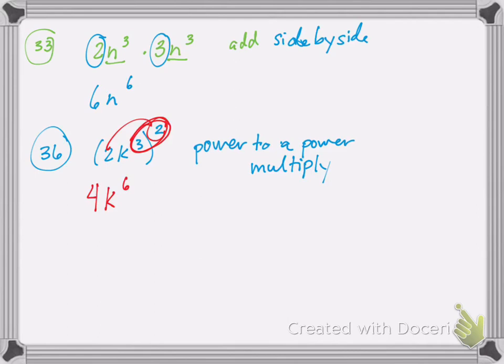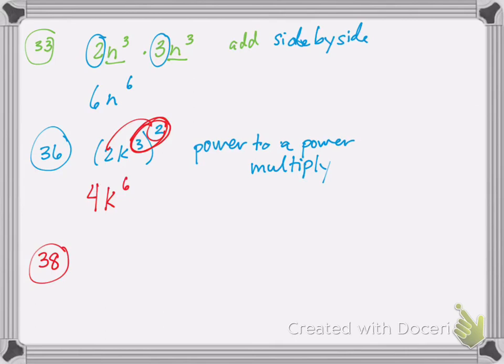And then lastly, we can look at 38. So what about when you have a rational, or you have a fraction? It's called a rational. But anytime that you have a fraction, you are going to subtract.